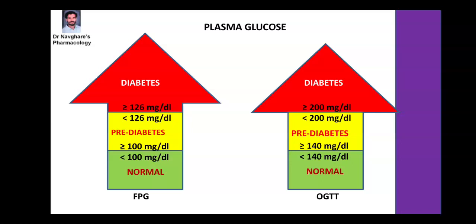Whereas after a meal or after oral glucose tolerance test, a diabetic patient is considered whose plasma glucose is more than 200 mg per dl. If the patient is normal, the plasma glucose has to be below 146 mg per dl in case of postprandial plasma glucose, that is after meal.